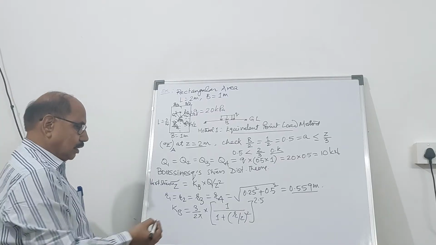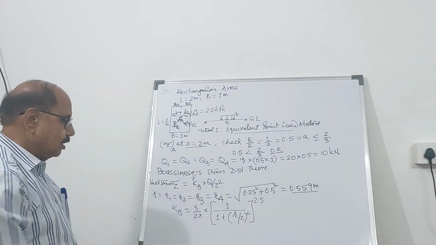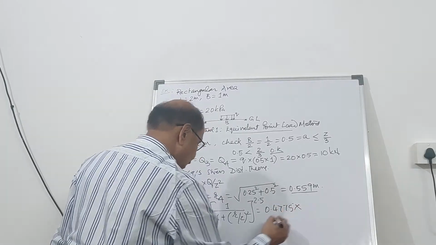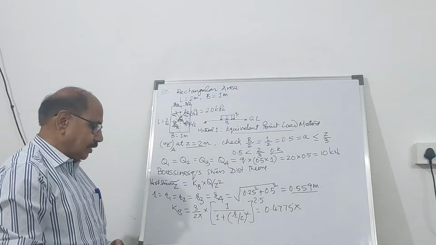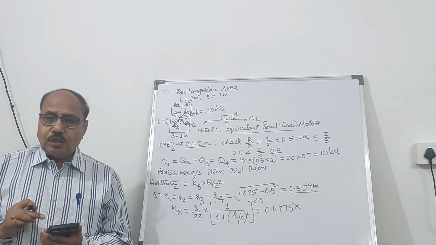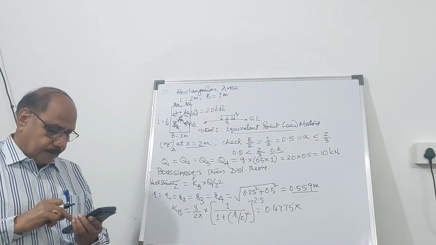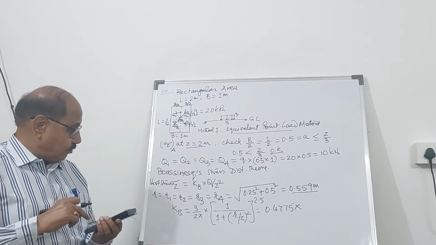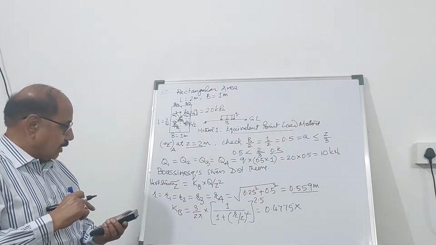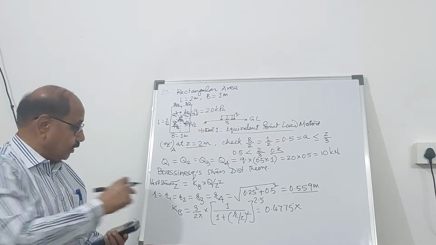You can find out the magnitude because the R value you already know, R equal to R1 equal to R2. 3 by 2 pi becomes 0.4775, multiplied by this, and the value of Kb can be very easily calculated. So Kb is 0.4775 into 1 divided by 1 plus R, which is 0.559, divided by Z equal to 2 meter.